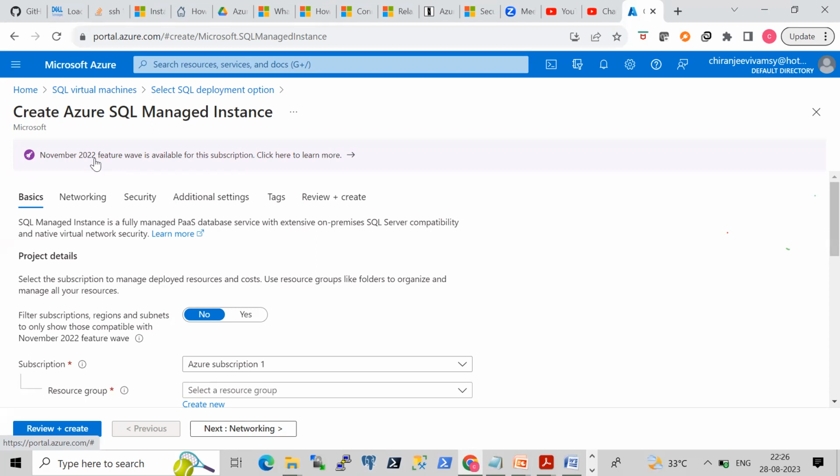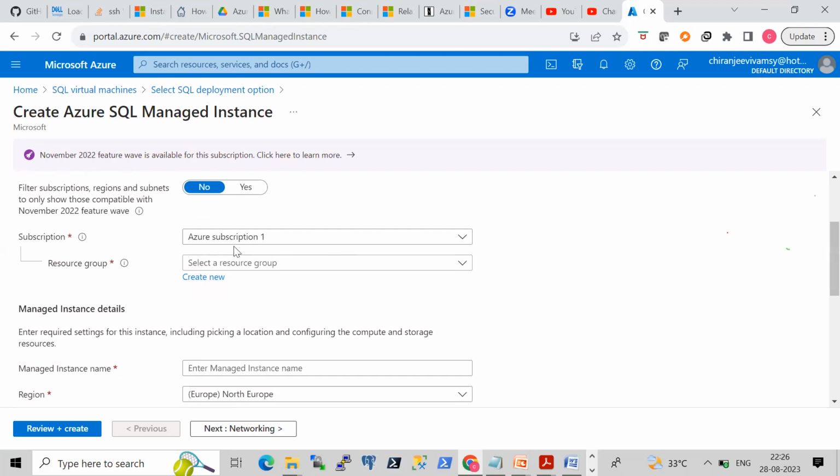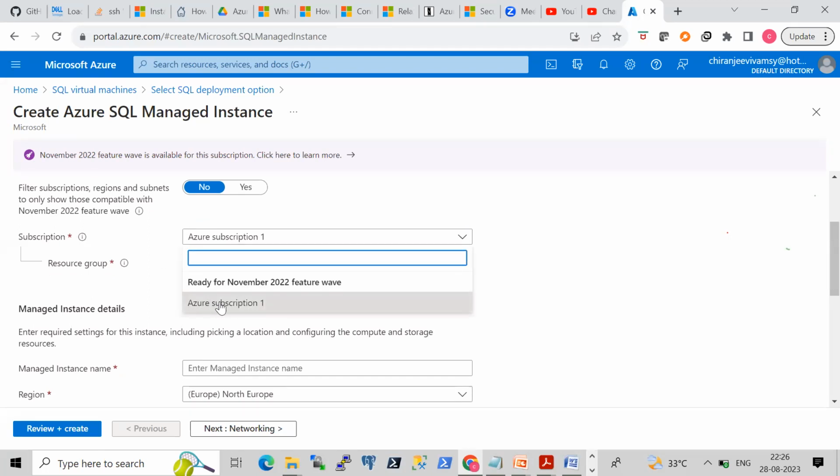So when I say November 2022, I'm talking about real time, because when I spun up my Managed Instance at my office, when I came down here, you will see Azure. Here you are seeing just an Azure subscription because it's just my account.